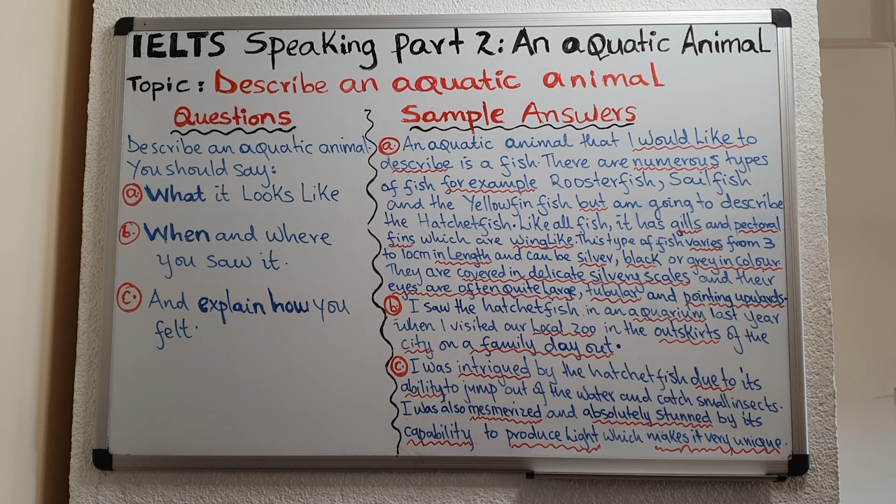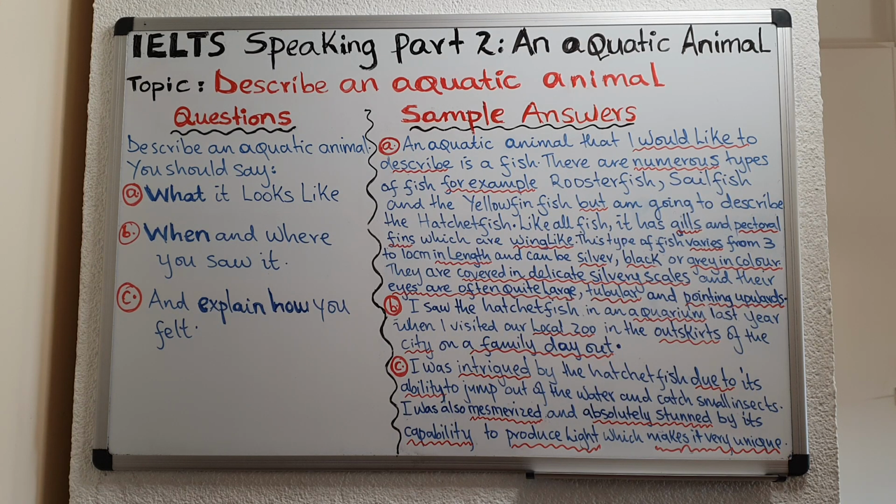Now, the next tip that I'm going to give you is try and, as much as possible, try and use intonation when you're giving your answers. Intonation simply means raise and lower your voice when you're giving your answers to reflect what it is that you're saying. For example, when I'm giving sample answer C, I'm talking about my feelings.